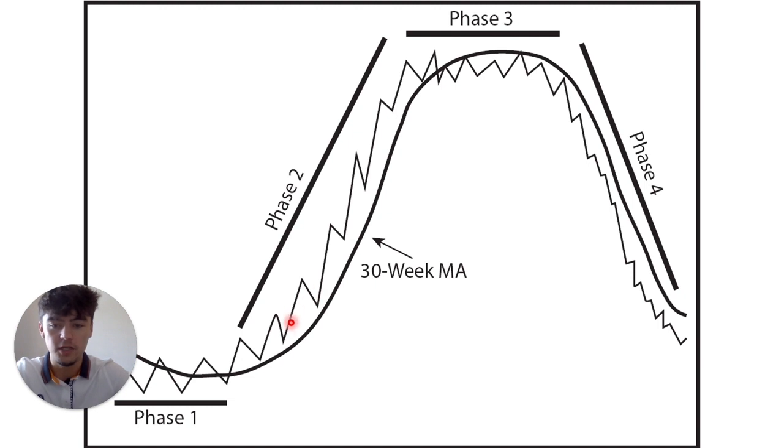And what we're actually looking for when I say base, we see the moving average moving in an upward direction, the stock price is above the moving average, and we're looking for a base, like a kind of halt in the stock's price.